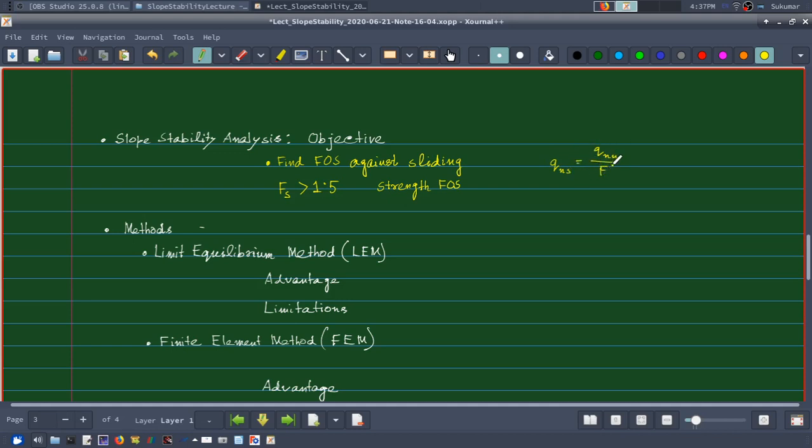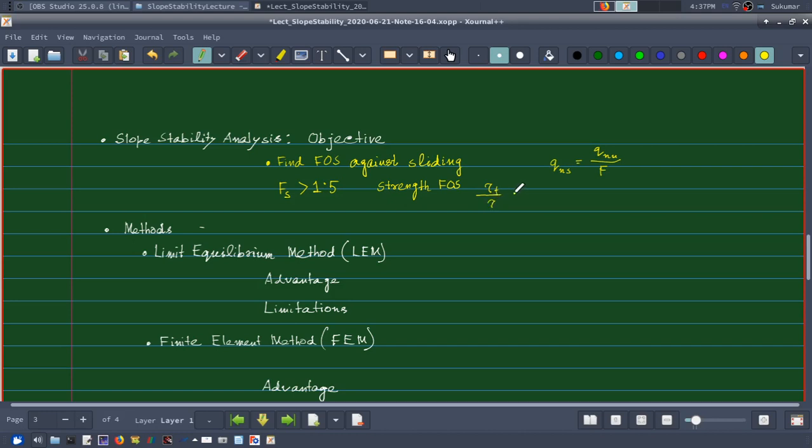This factor of safety is defined in terms of loads, whereas in slope stability analysis we define factor of safety in terms of strength. Since soil fails in shear, it is actually the ratio of shear strength to the shear stress acting.